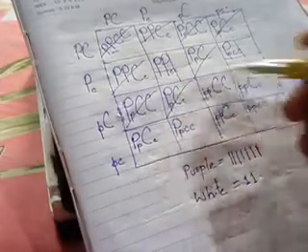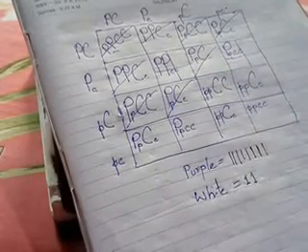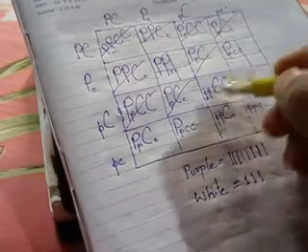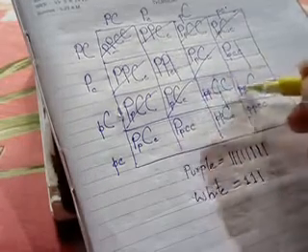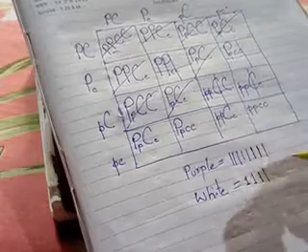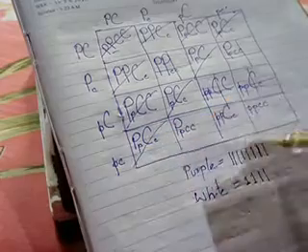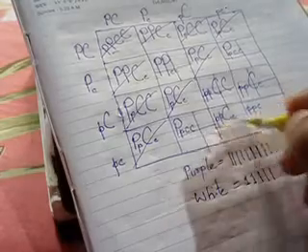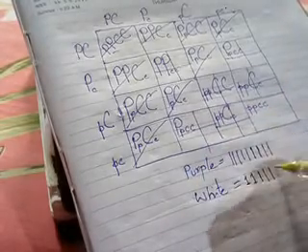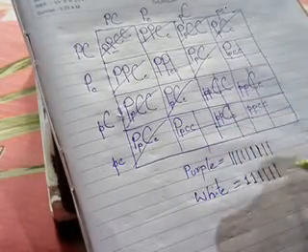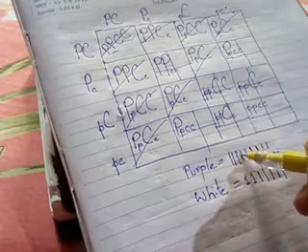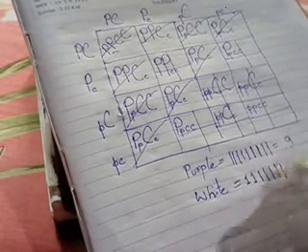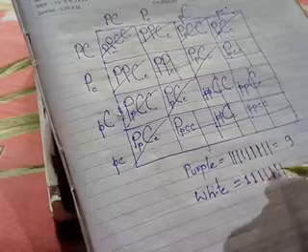Now this is also purple. Now this white, this is white. This purple. Now this white, this is white, and this is white. So 1 2 3 4 5 6 7 8 9, and 1 2 3 4 5 6 7.